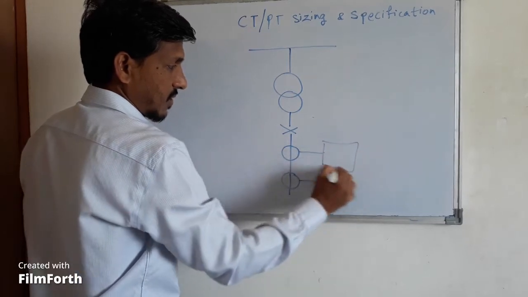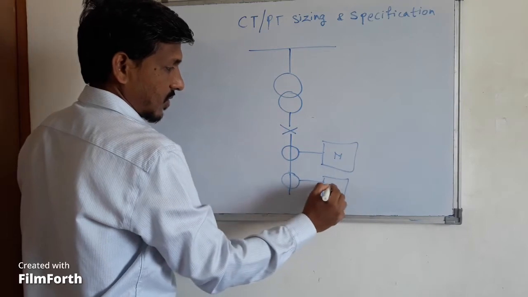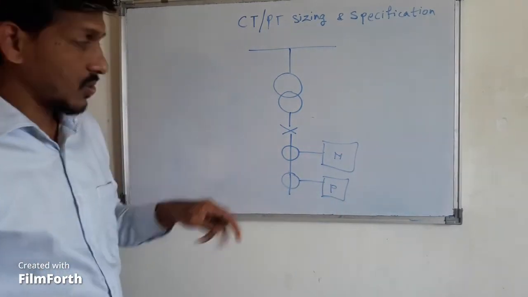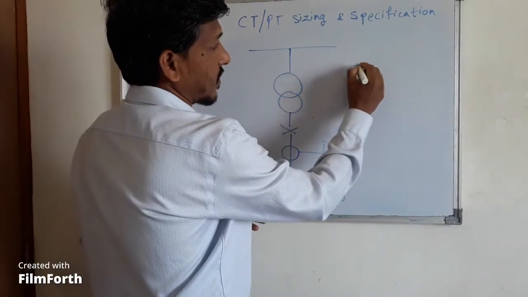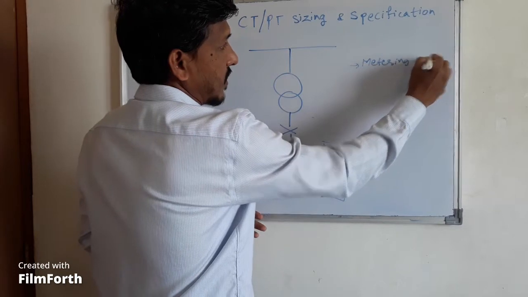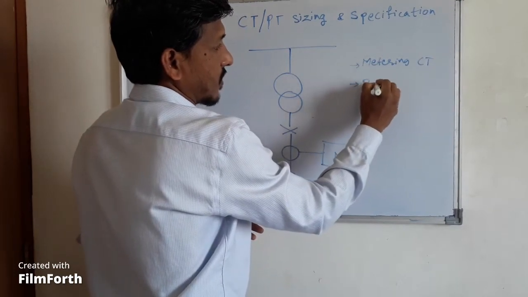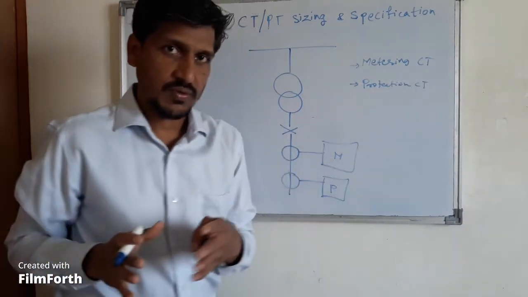This is for your metering, this is for your protection. So there are two types of CTs: one is metering CT, and second is protection CT.